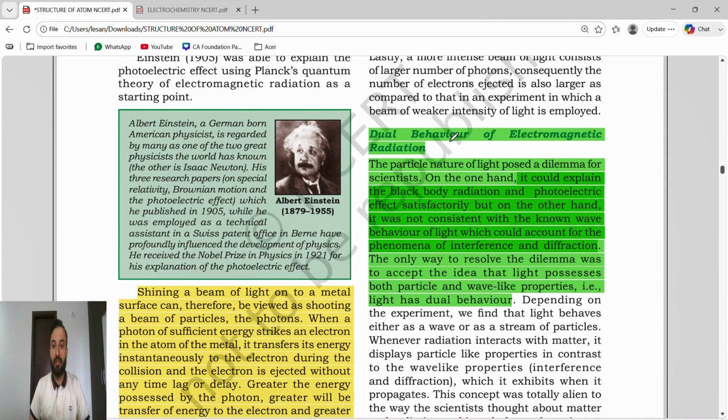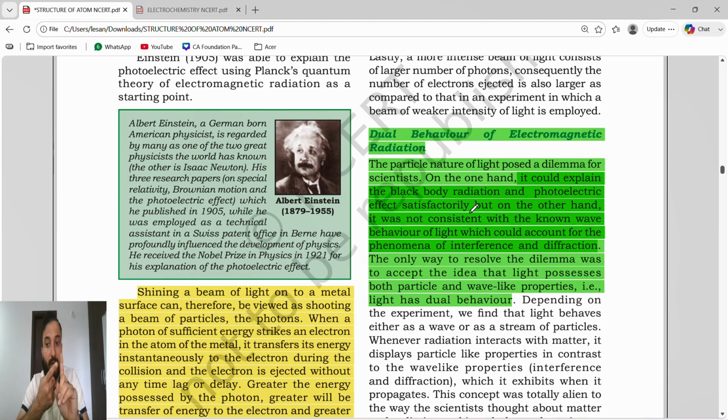Now see, in the dual behavior of electromagnetic radiation, what difficulty they found. The particle nature of light posed a dilemma for scientists. The first difficulty they faced is that, on the one hand, it could not explain the black body radiation and photoelectric effect satisfactorily.